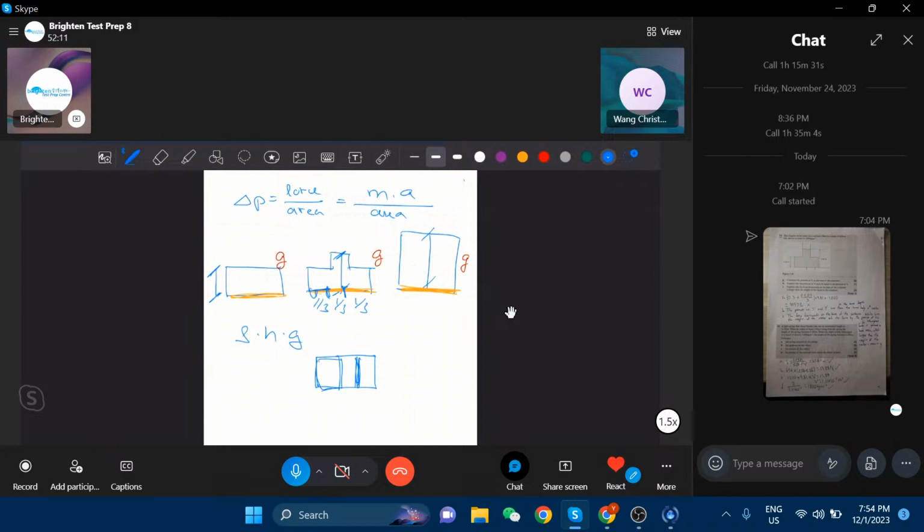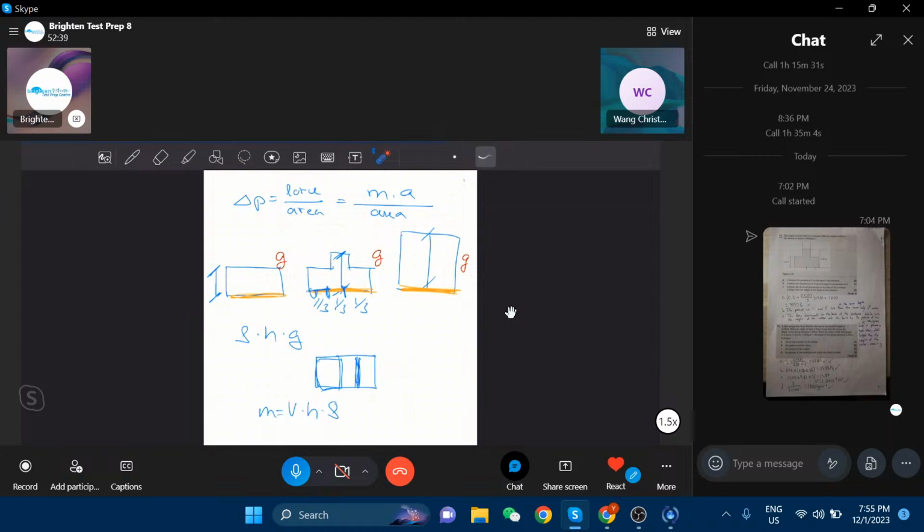The area is the same, but volume times density is mass. But the volume for the second one here is different because it's higher up. And the volume here is less because it's only 0.3 meter high, and this one as well.